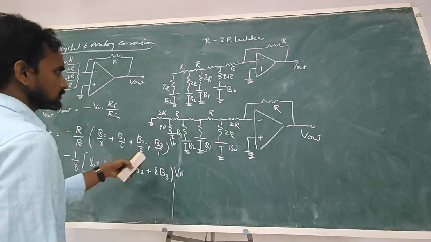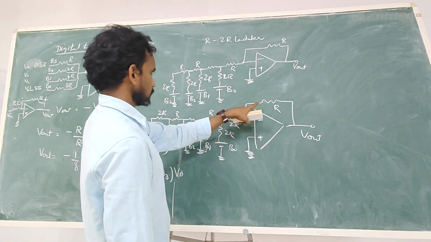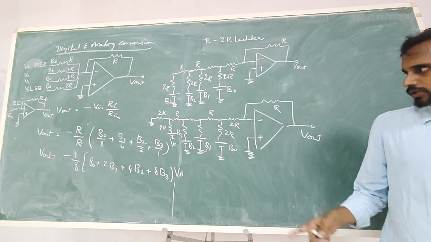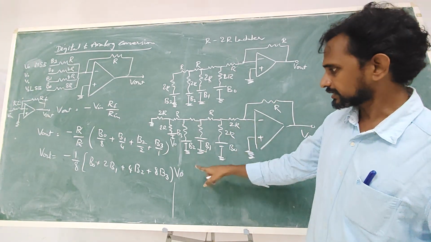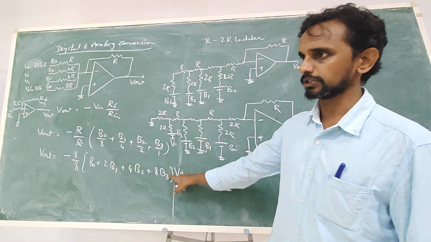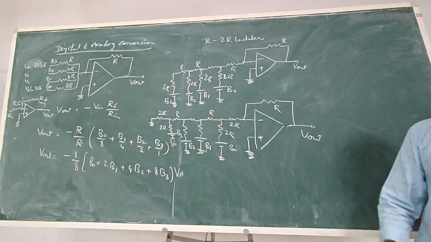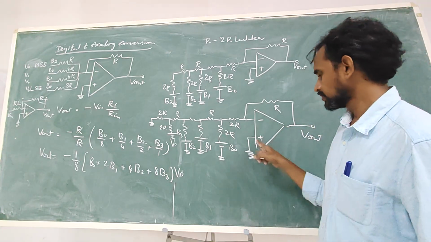In all the cases we have considered the R values to be the same, so all that matters is the input voltage, right? It will be directly reflected in the output.